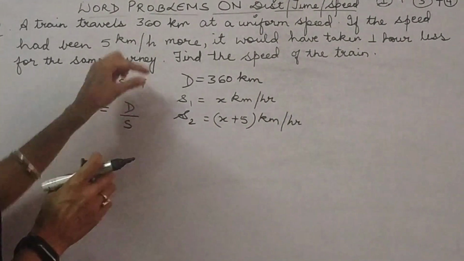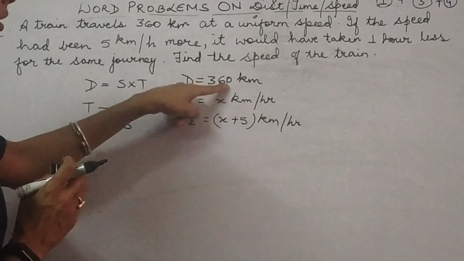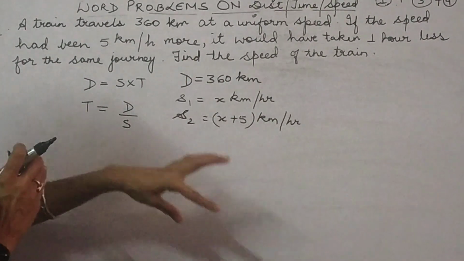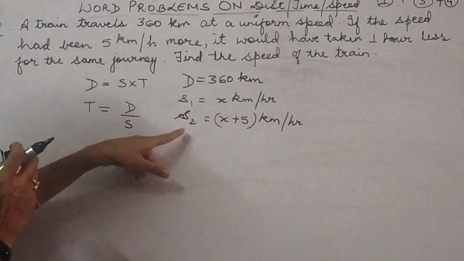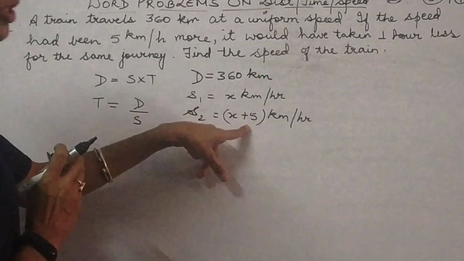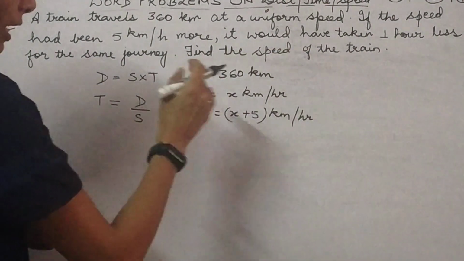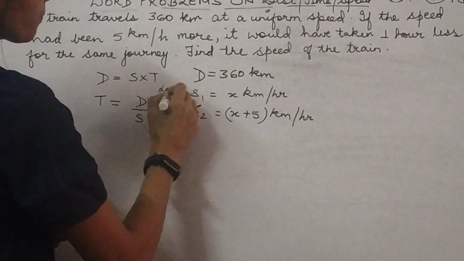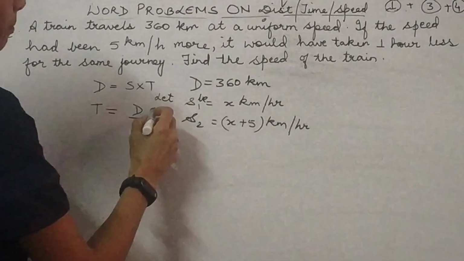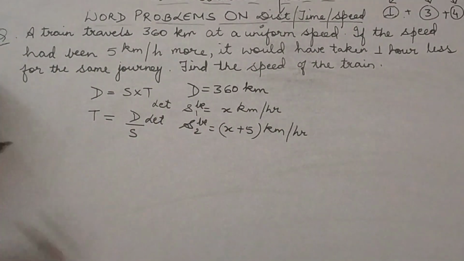So first of all, I'll find out my time taken when 360 kilometers has been covered with x kilometers per hour speed. And then again I will calculate the time for the second condition when your speed becomes x plus 5 kilometers per hour. So let S1 be x kilometers per hour and let S2 be x plus 5 kilometers per hour.